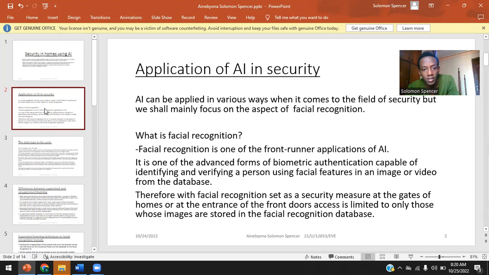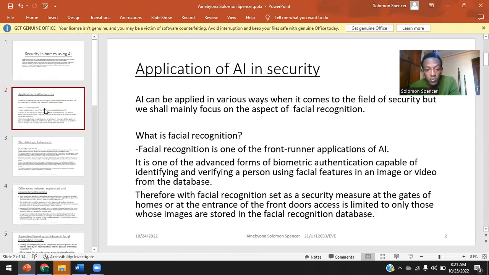Yes, so what do I mean here? The facial recognition AI is capable of identifying your face. So in case I put a hand, it won't be able to access my face. And verifying, what do I mean by verifying? It will have to first confirm whether you are a part of the family or not by checking with the records that it has in its database.